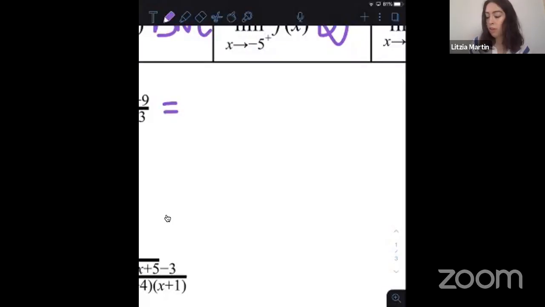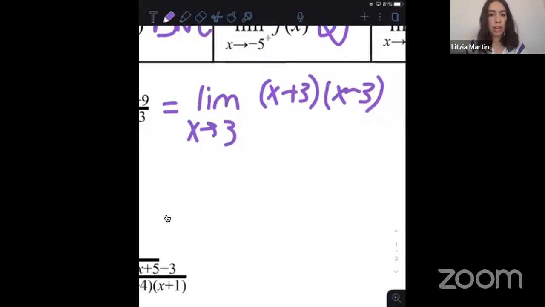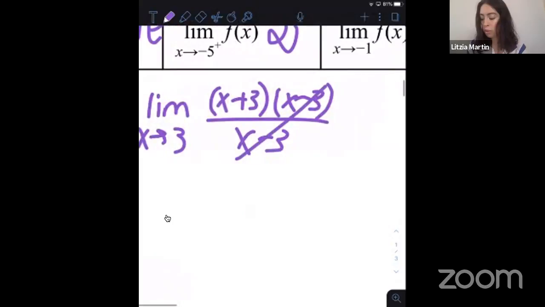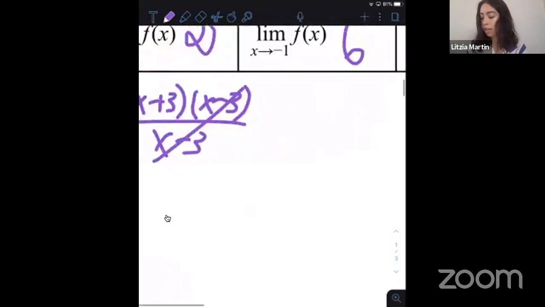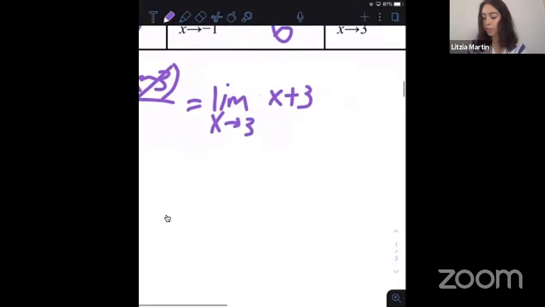I can factor this to be x plus 3 times x minus 3, divided by x minus 3. So that will cancel, leaving me with the limit as x approaches 3 of x plus 3. I do my direct substitution, and I get 6.